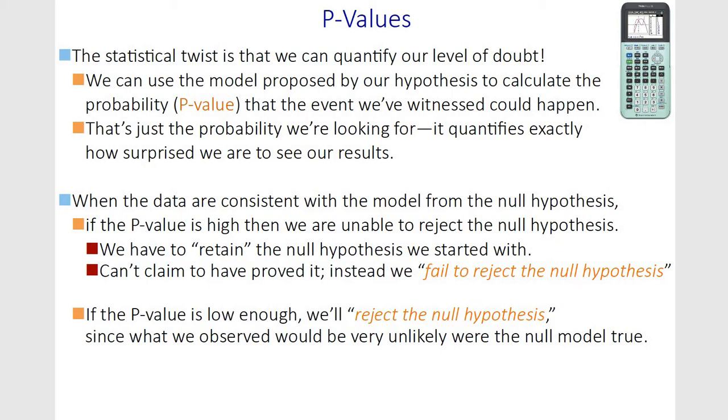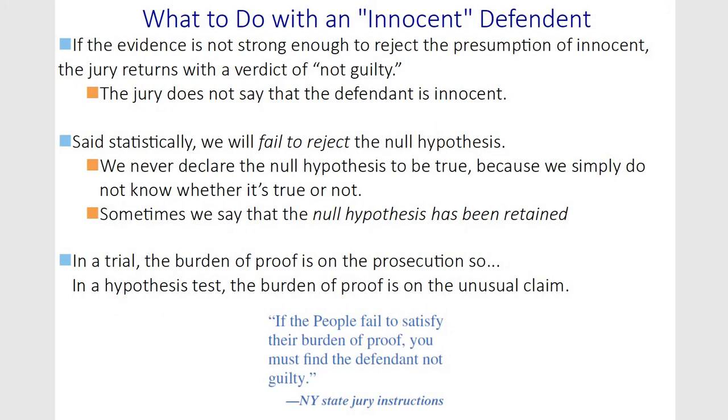So why would we do that? Think about an innocent defendant, someone who is innocent. If the evidence is not strong enough to reject the presumption of innocence, the jury returns with a verdict of not guilty. The jury doesn't say that he's innocent. There's just not enough information to prove guilt.